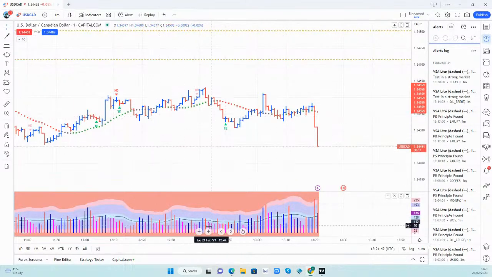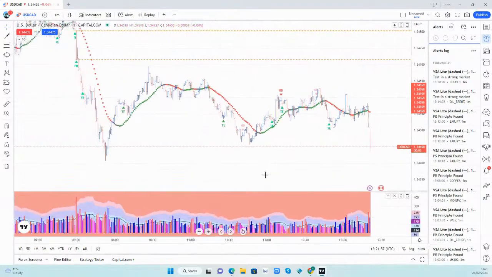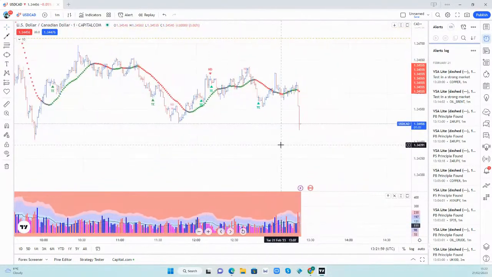Right, so I think it's setting up for a short trade. And taking it to that level. Let's see what happens, whether they're going to push it back up again.